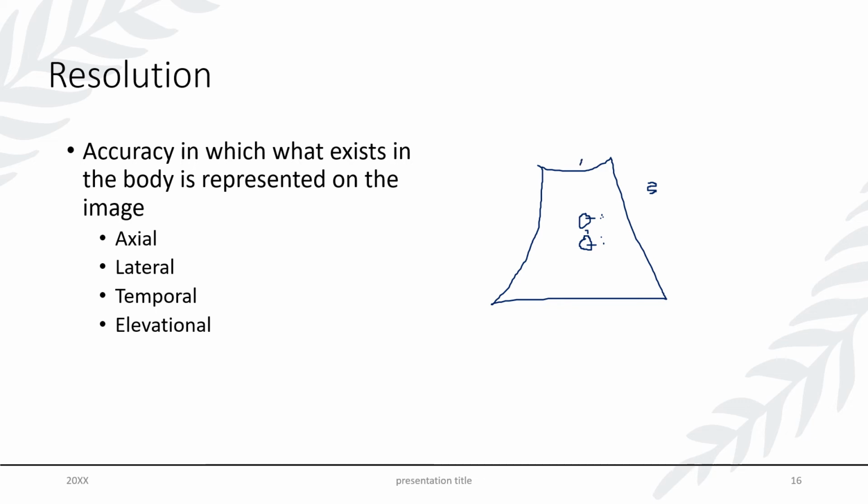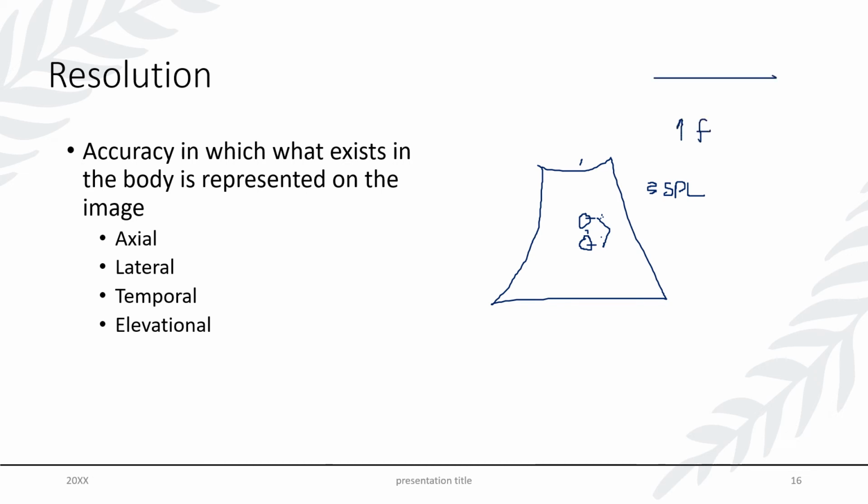Okay, so that is our axial resolution, defining items or objects front to back, and is controlled by our spatial pulse length. So for you as practitioners and operators, one of the ways that you can reduce your spatial pulse length to improve your axial resolution is by an increase in frequency.